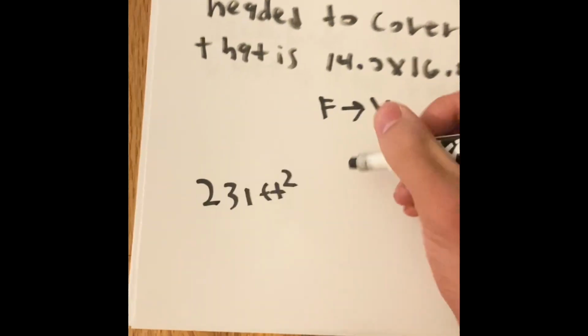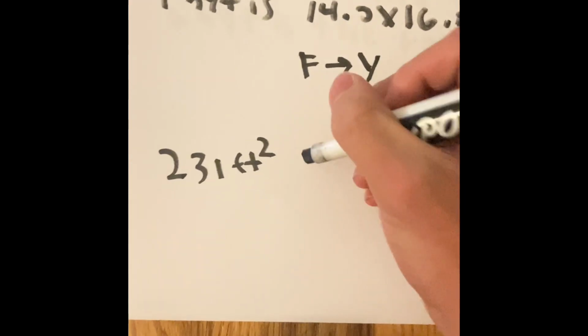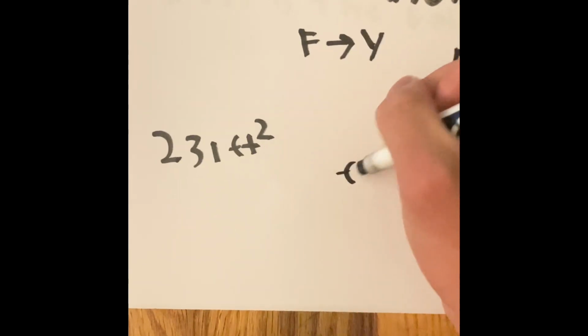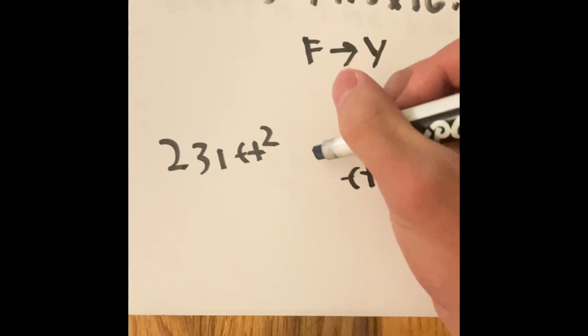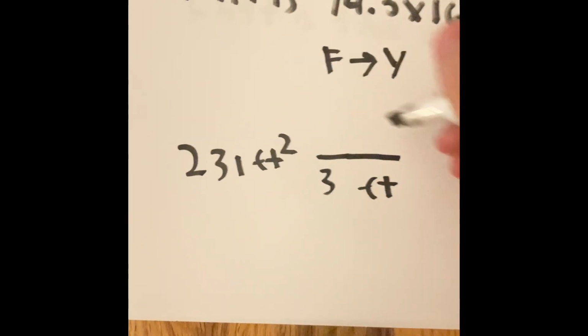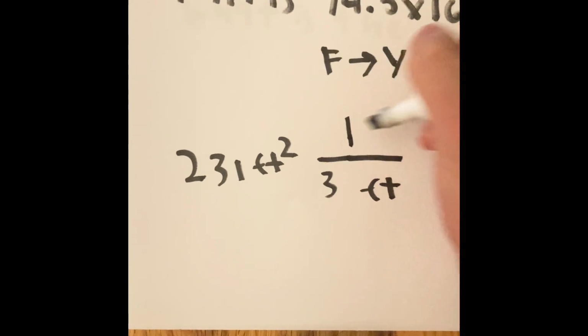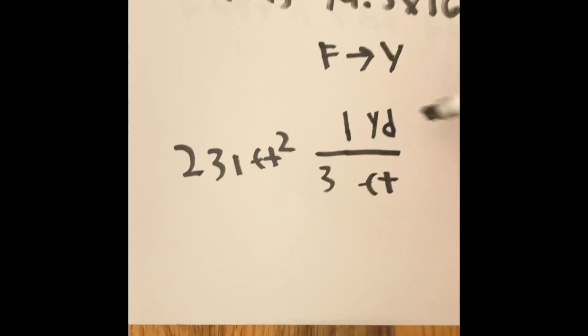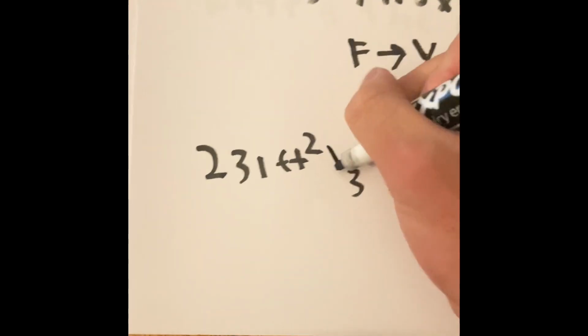So why can't we just put feet on the bottom, because we're trying to cancel out the dimensions and just have numbers, and put yards on the top? Something does look correct, but it's not really correct yet.